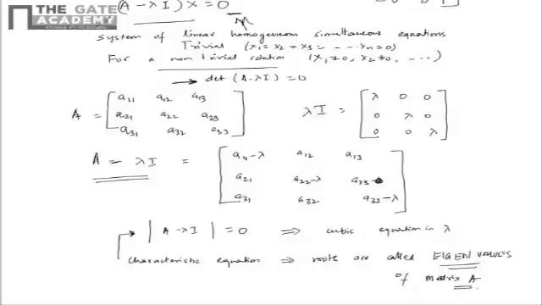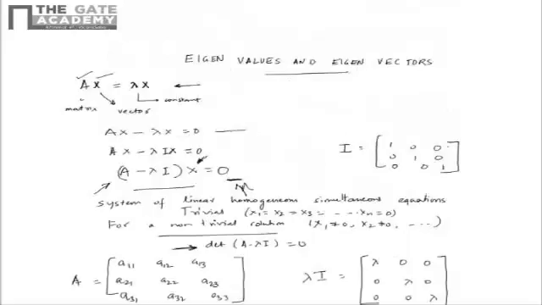Now once you have found lambda, you substitute back in this equation, and you can end up finding x.